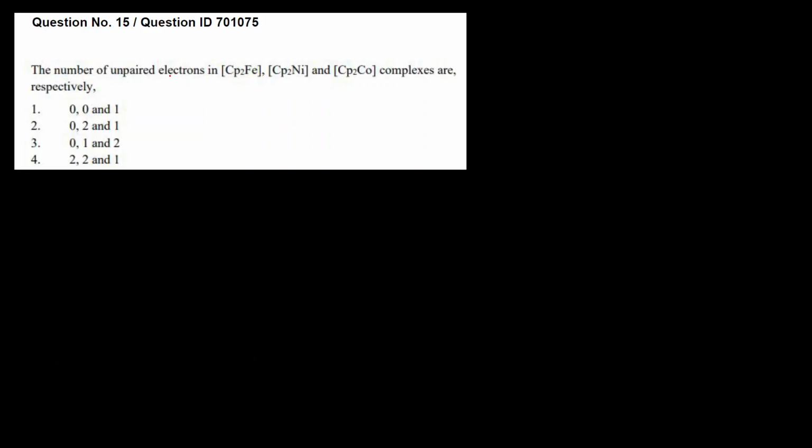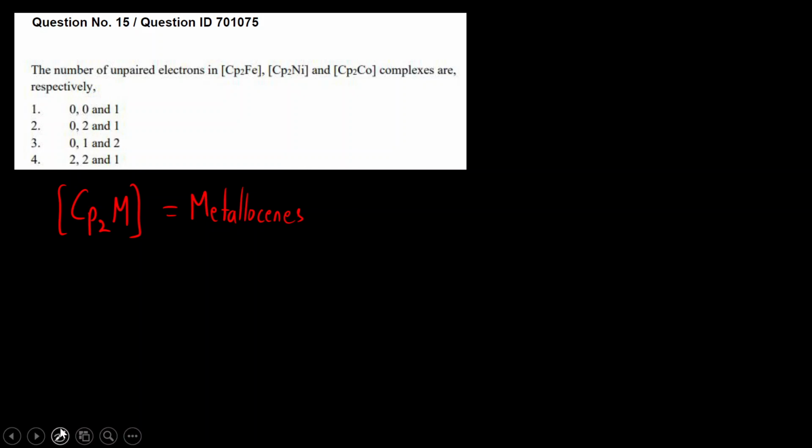Next one: the number of unpaired electrons in Cp2Fe, Cp2Ni and Cp2Co. Cp2M, that is what these are. These are metallocenes. We have to find out the unpaired electrons. For that, we must know the orbital energy diagram.